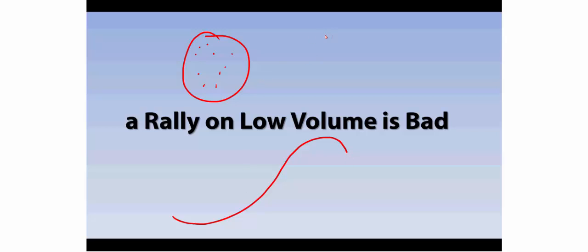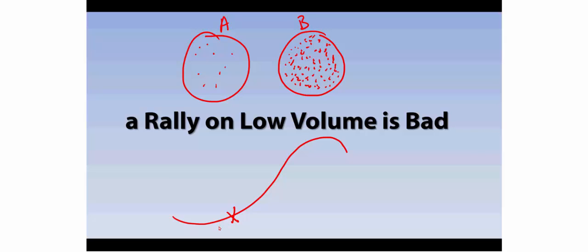Now, let's say you've got another pool here, and you've got a bunch more people in pool number B than you do in pool number A. So which pool would you rather be in, A or B, if you wanted the move to continue? Which one's got the better shot of continuing?